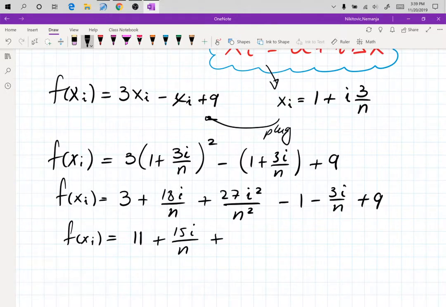And finally, plus 27i squared over n squared. So a little bit of algebra there to get our f of xi.